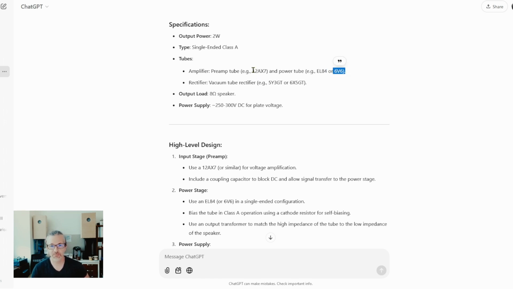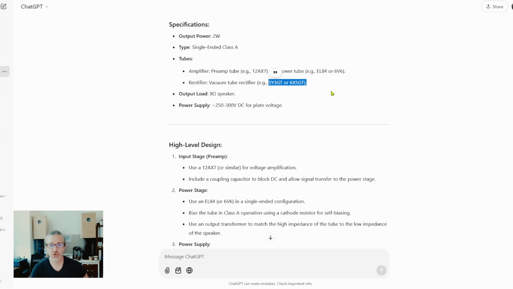But still, I think probably it was AI's first choice because that's the most frequently used driver tube, and power tubes, yeah, these are some of the most popular tubes ever.